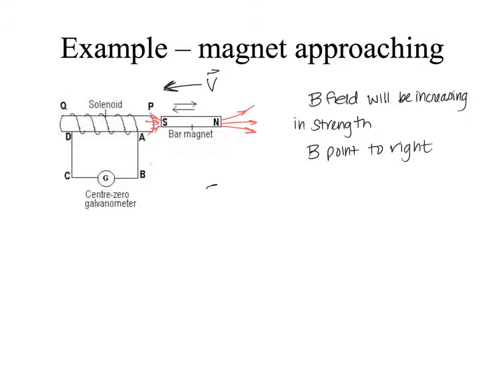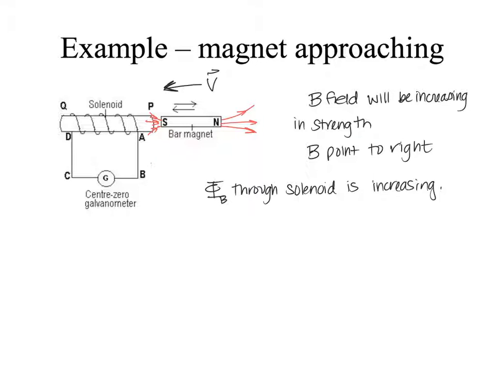And so because of this, the flux through the solenoid is increasing. And so Lenz's law says that we want to create a magnetic field that opposes that increase in the magnetic flux.